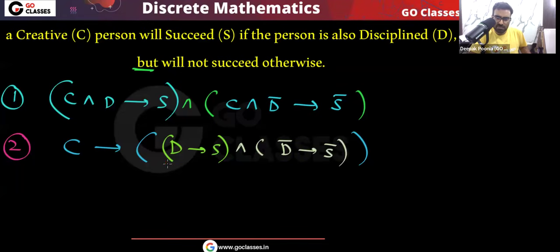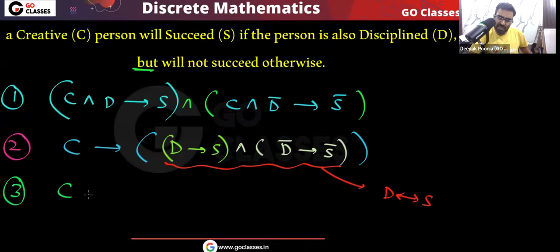Now this whole thing I can write as D by implication S. So finally, I can say that if you are creative, then your success fully depends on your discipline. If you are disciplined, then successful. Not disciplined means not successful. So like this. I hope you understood.